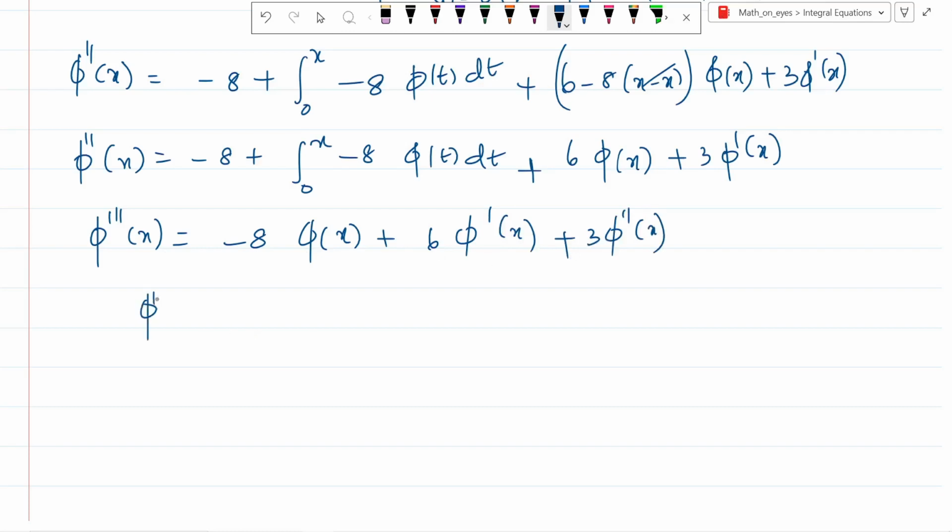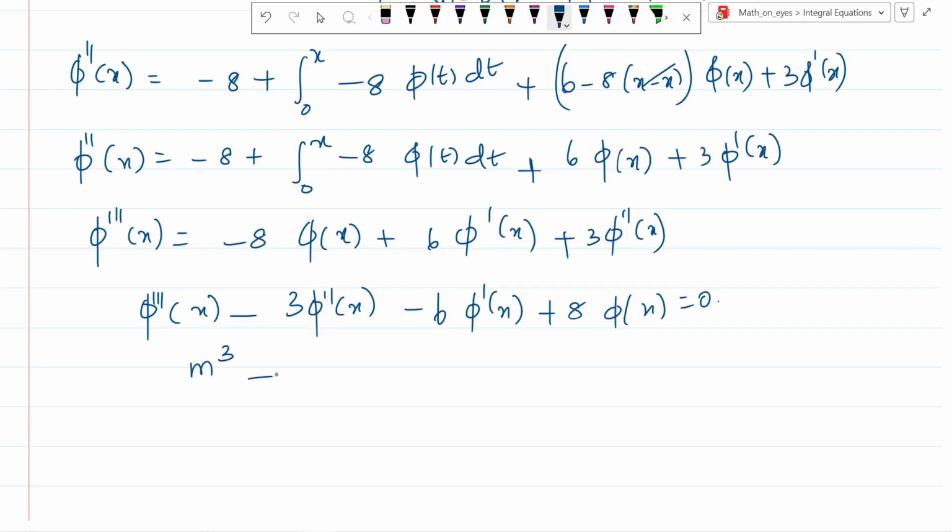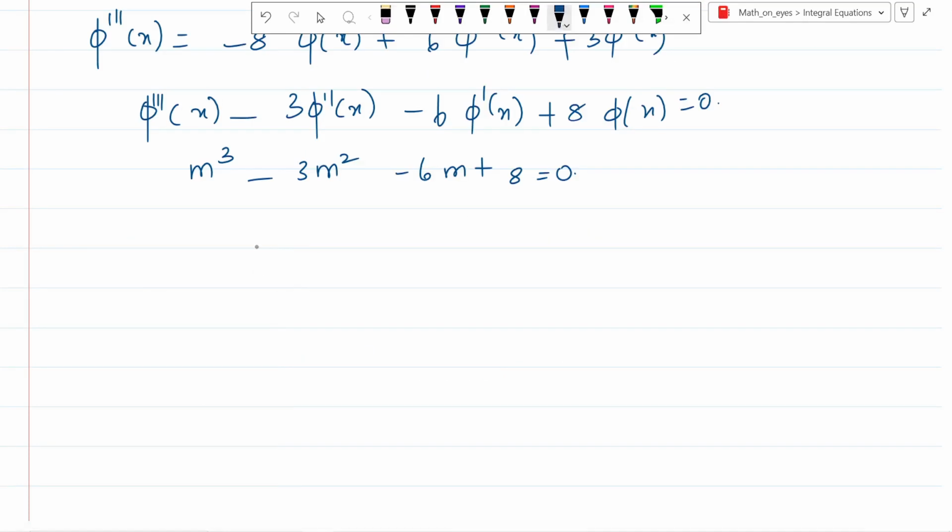So this is phi triple dash of x minus 3 into phi double dash of x minus 6 into phi dash of x plus 8 into phi of x is equal to 0. When you write the auxiliary equation, you will have it as m cube minus 3m squared minus 6m plus 8 is equal to 0. This is a cubic polynomial, so I'm going to solve the cubic polynomial 1, minus 3, minus 6 and 8 here.